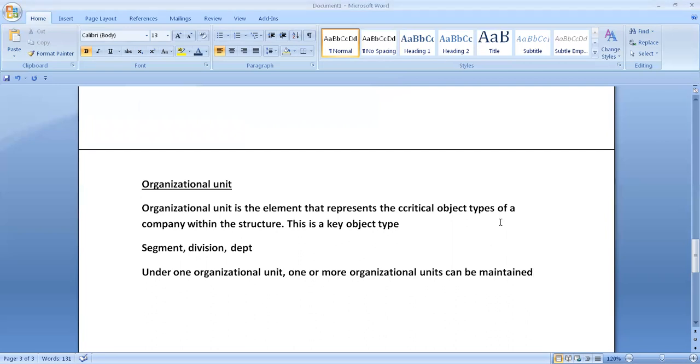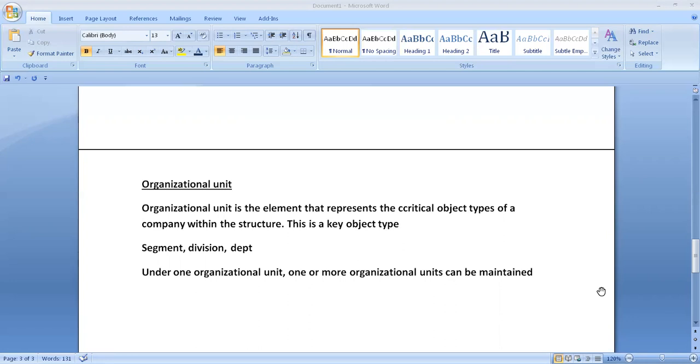Meaning one object under the other object of the same organizational unit can be maintained. Like a subdivision, division and subdivisions you can maintain. For example, one or more organizational units can be maintained.